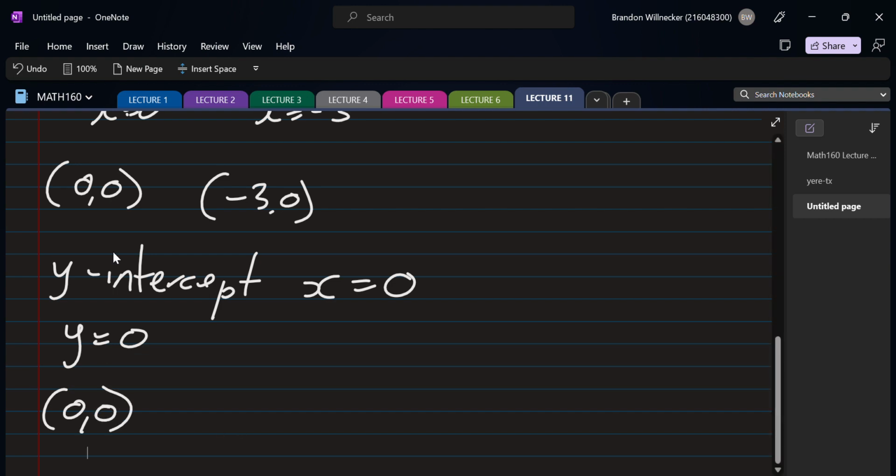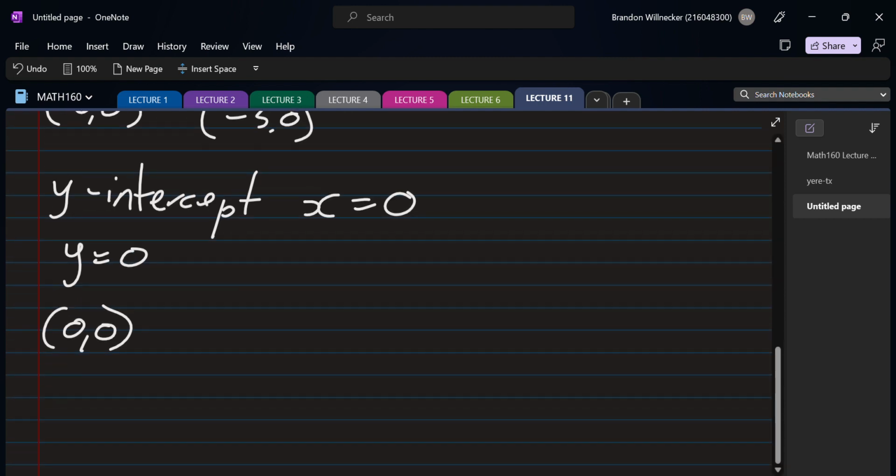Okay, so this is similar to what we had before. One of the x-intercepts was the origin, the y-intercept was the origin, so when we're sketching this, it has to go through the origin. Okay, so that's something to note. Okay, next, intervals of increase and decrease.